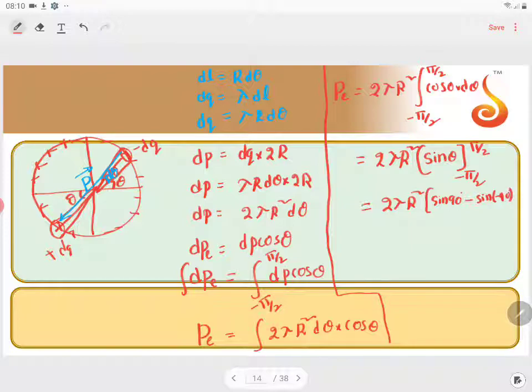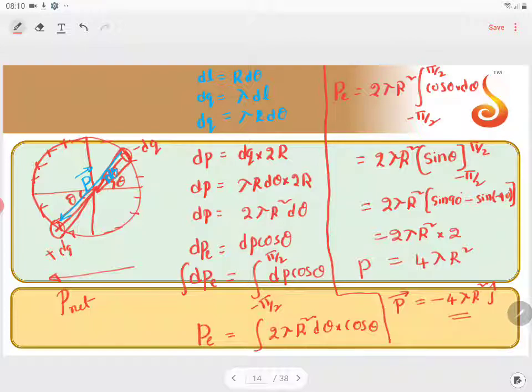Sin of minus 90 is minus sin 90, and minus minus gives plus. So you will have 2 lambda r square into 2. So 4 lambda r square is the magnitude of the net dipole moment. The net dipole moment will be leftward. If you want to express this in vector form, you can write p equals minus 4 lambda r square i cap. Why minus i cap? Because it is along the negative x axis. Minus 4 lambda r square i cap.